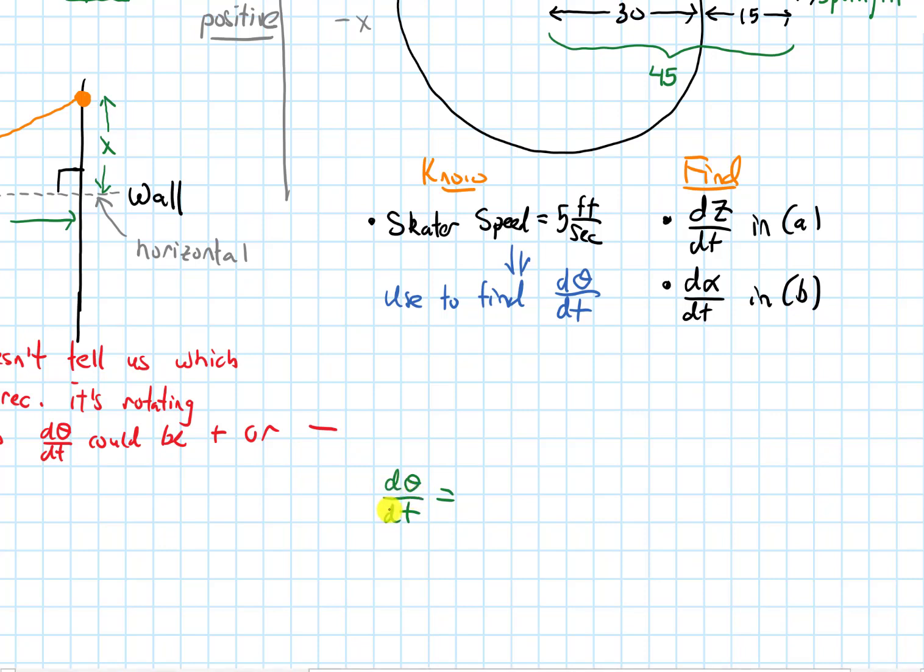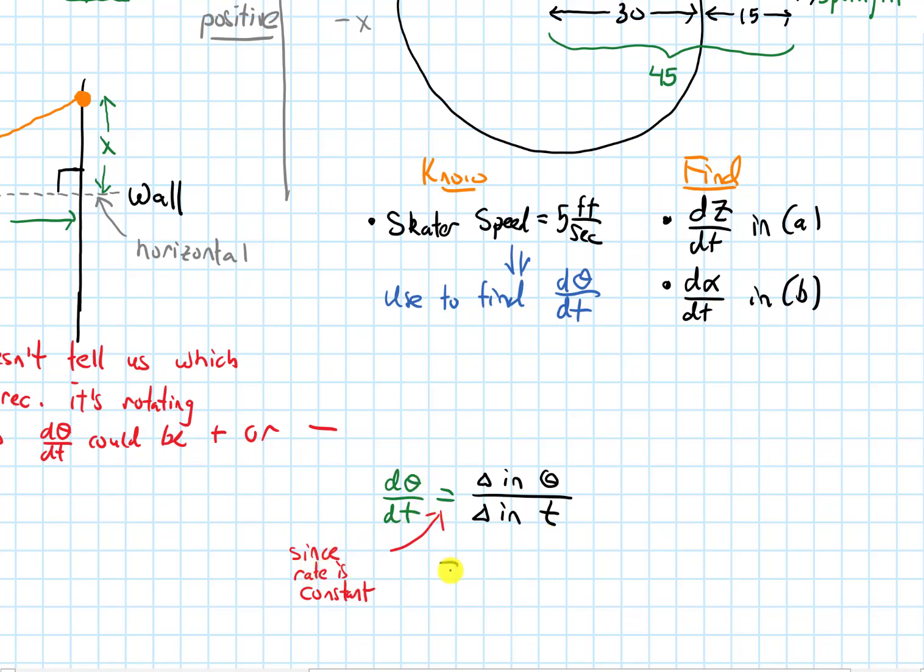Since this rate is constant, I can just compute it as an average rate of change: figure out the change in theta on top and divide that by the change in t. Just figure out how much my angle will change over some amount of time and then divide, and that'll give me the rate at which my angle is changing. I can only do that because the rate is constant.